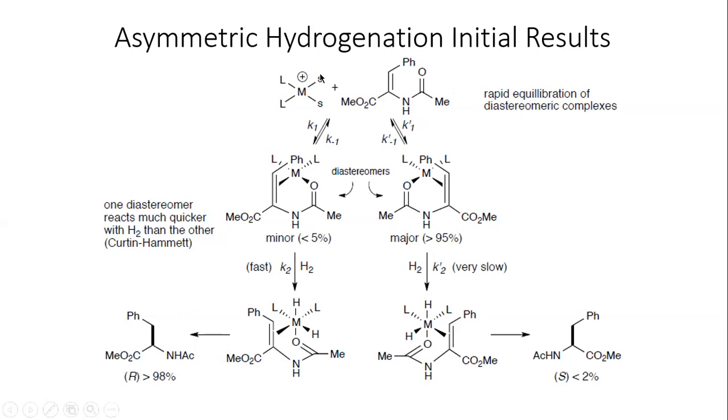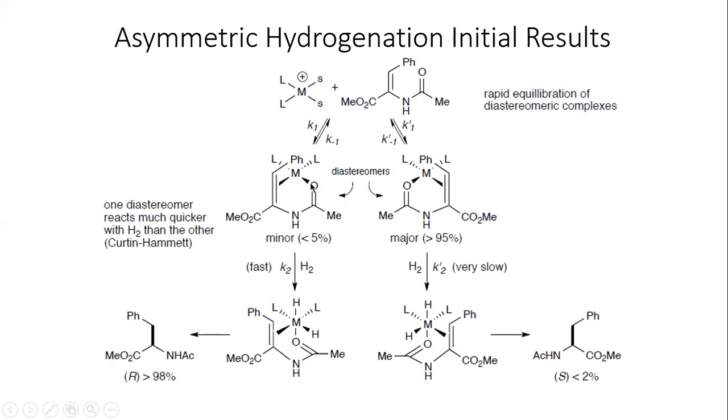So you start out here, you have a metal solvent complex, and then when you expose it to your substrate, you actually generate two diastereomeric complexes as intermediates. They're diastereomers because of the BINAP ligand, right? The BINAP ligand has set stereochemistry, but the way that this binds makes them diastereomeric.